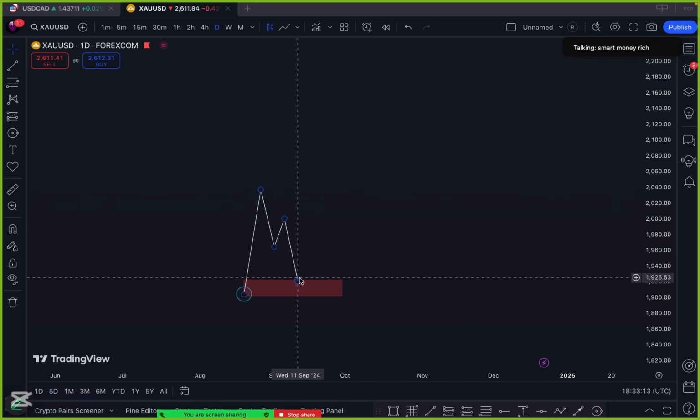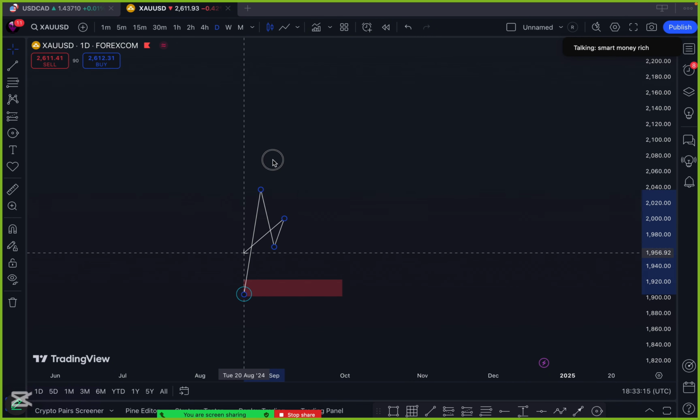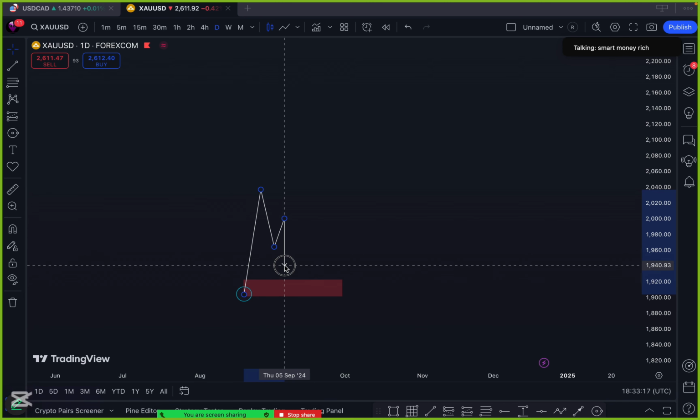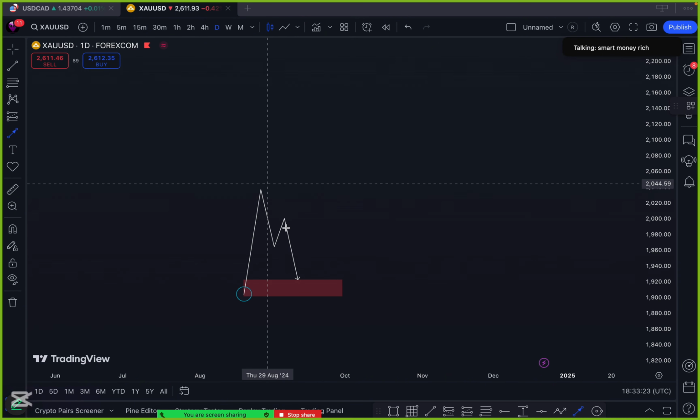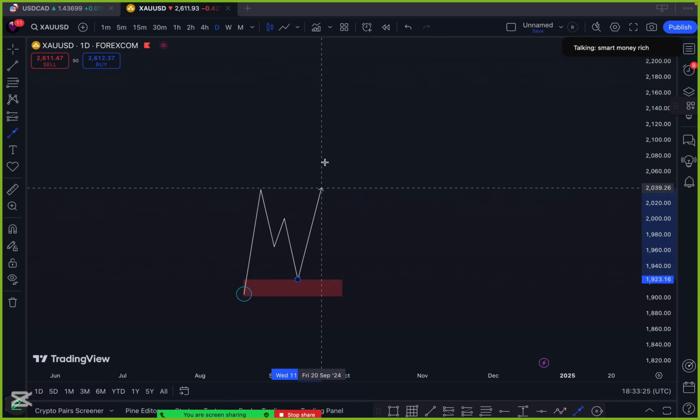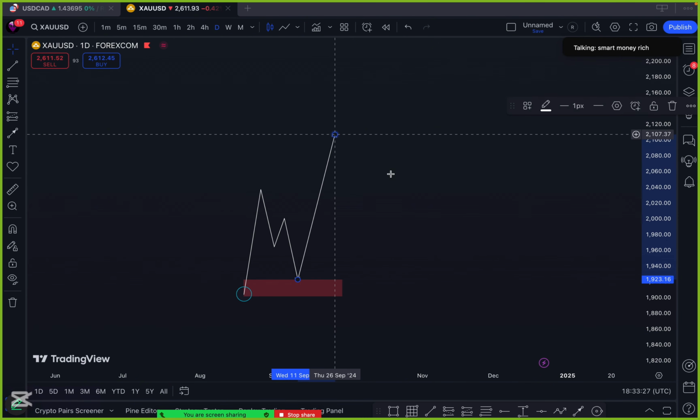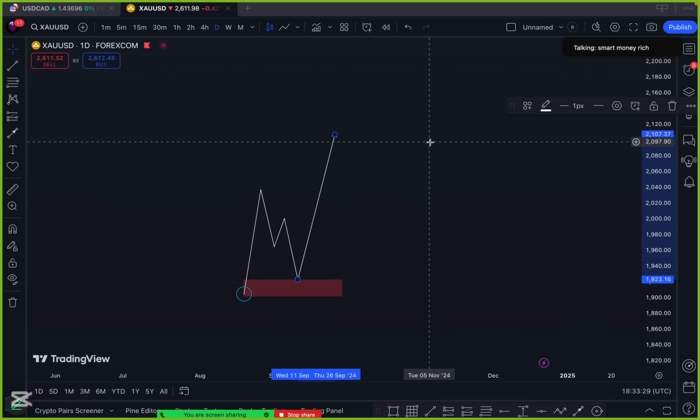What often happens is this: when price impulses to the upside, it always returns back to its origin before the main move or the continuation begins, right?